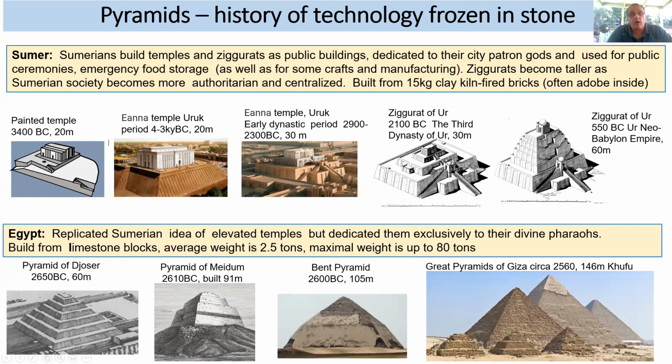They evolved according to social changes in this society, over many centuries. And this idea of building ziggurats was taken over by Egyptians, who constructed pyramids, and these pyramids were converted into private residences for the afterlife of their divine pharaohs.